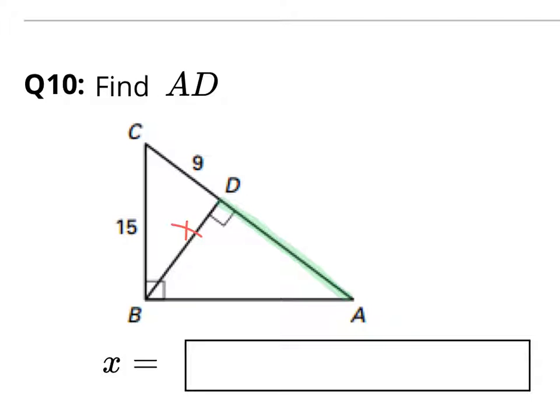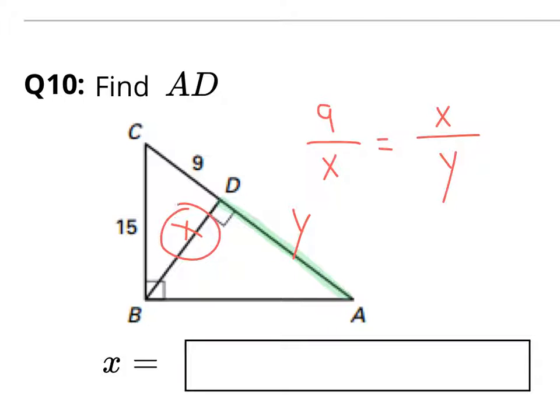So we're going to use short leg 9 over long leg x equals, now the short leg in this triangle would be this BD. So whatever number you got for him, you're going to put him, short leg, over the long leg, which we do not know. We're going to call this Y right here.